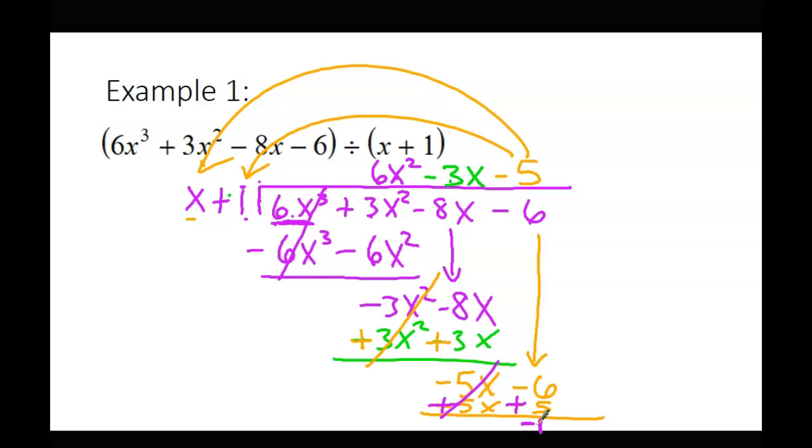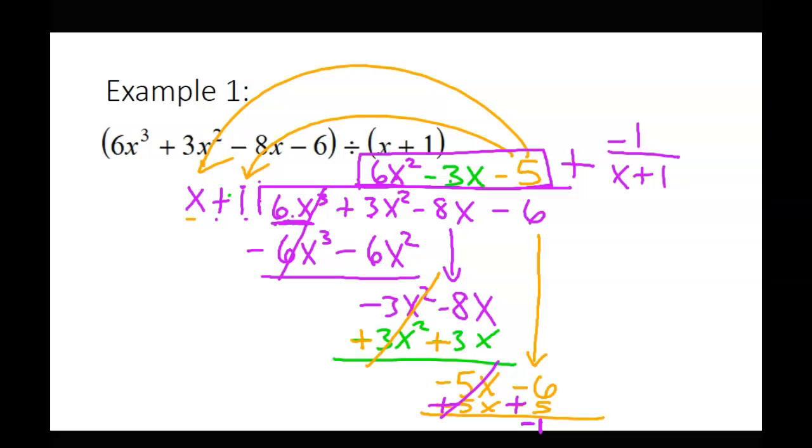So here's my answer. It's 6x squared, right? Minus 3x minus 5, plus my remainder, which is negative 1, over my divisor, x plus 1.